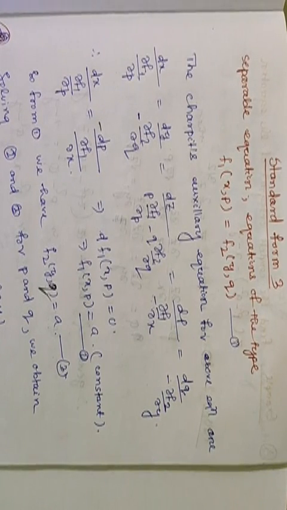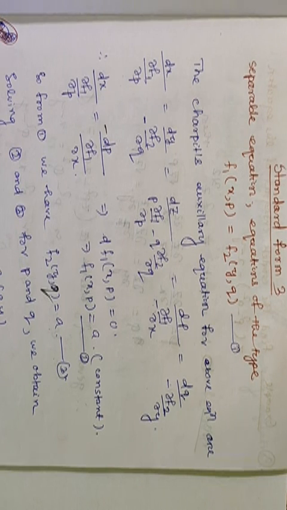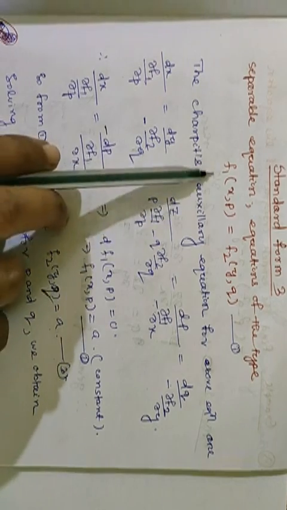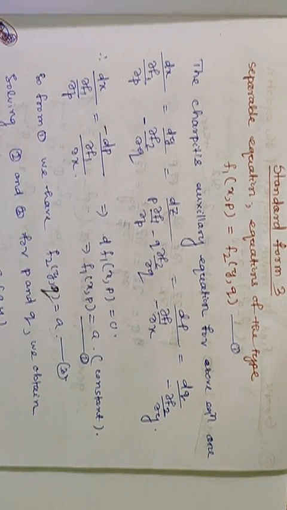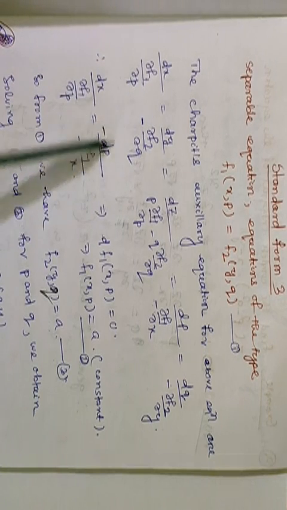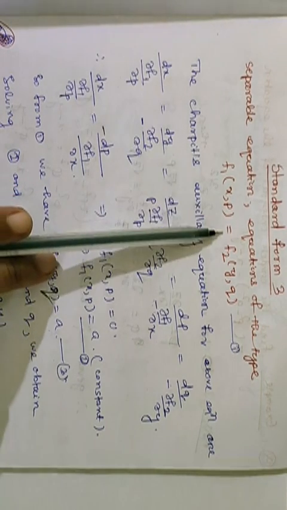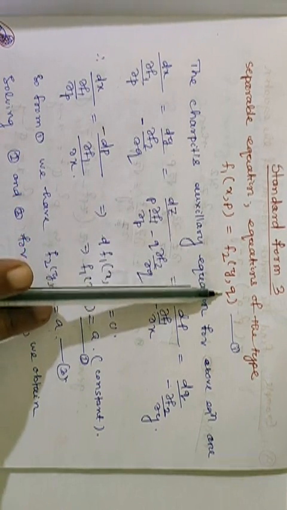So in the last video we discussed standard form 3, how to solve a first order non-linear partial differential equation of the form f1(x)p = f2(y)q. Its Charpit's auxiliary equation gives f1(x)p = some constant, which is equal to f2(y)q.